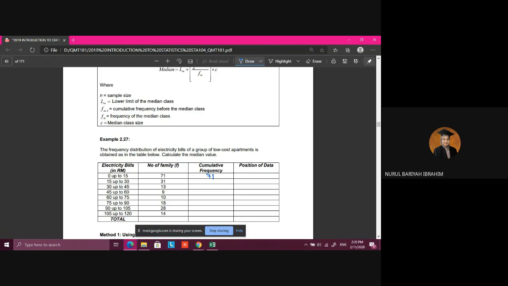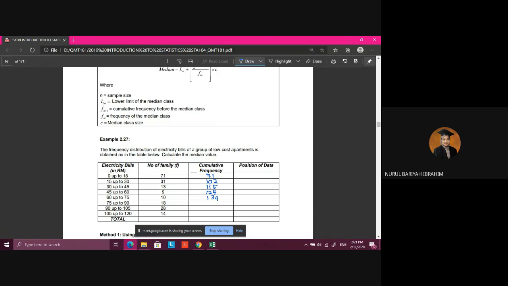The next one, 71 plus 31 will be 102. Then plus 13, it is 115. Plus 9, it is 124. Plus 10, 134.